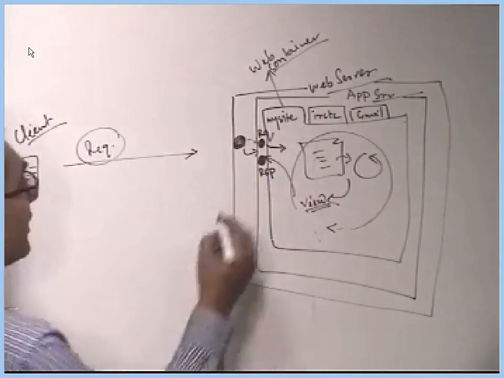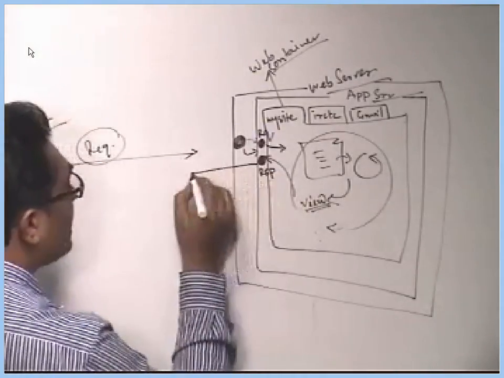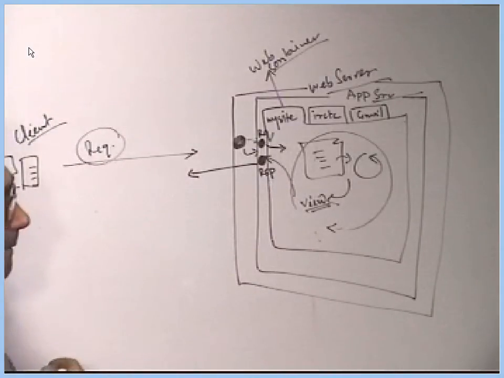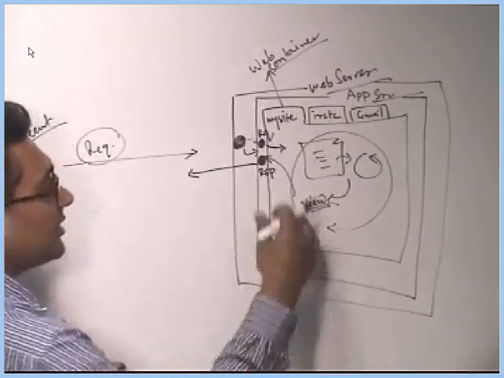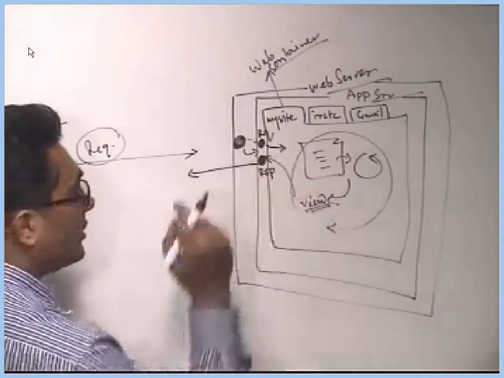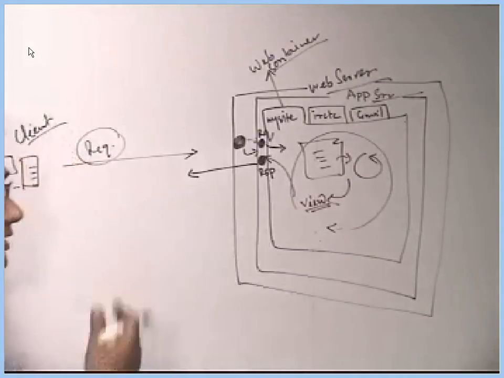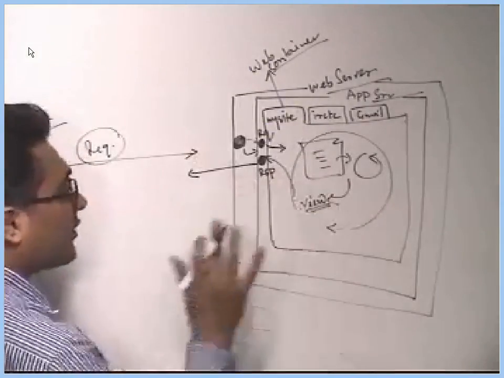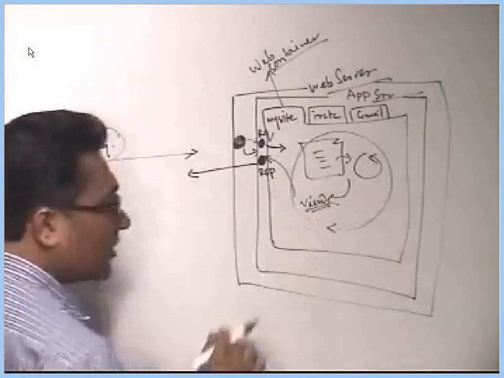So the web container initiates the transmission of this response object back to the client. But since my view object was not finalized, not updated with any content, that's why you get the blank page.